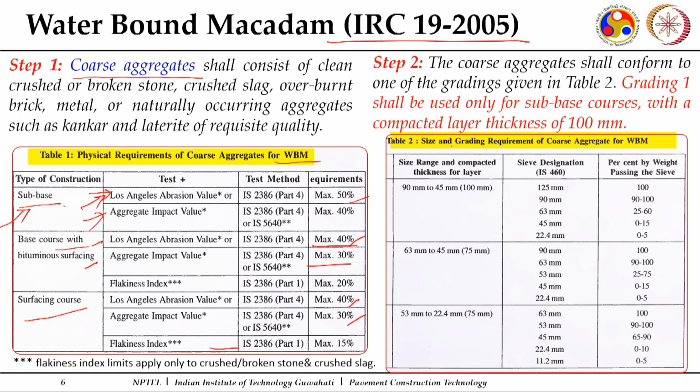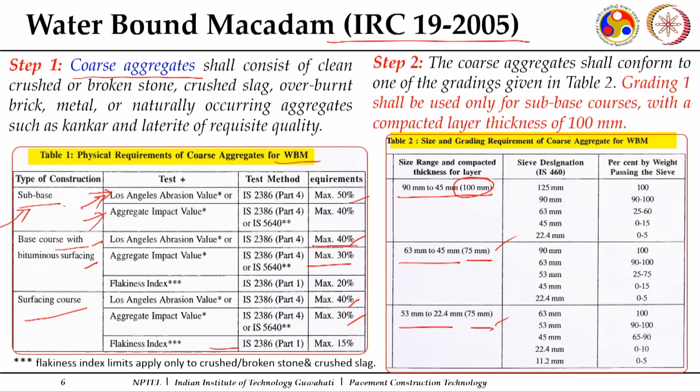Here you can see a table which has been picked up from IRC 19 2005. It says if the aggregates are in the range of 90 to 45 mm, at least the thickness should be 100 mm. Otherwise, for the other range, typically the thickness of the waterbound macadam can be 75 mm. So, 75 mm is quite a popular thickness of waterbound macadam which is constructed.